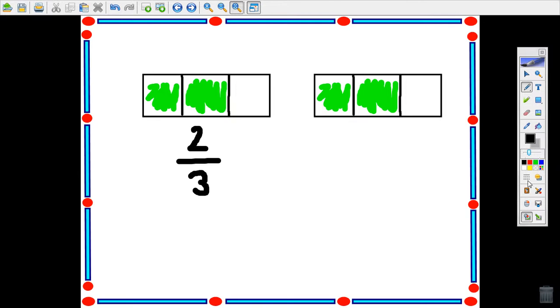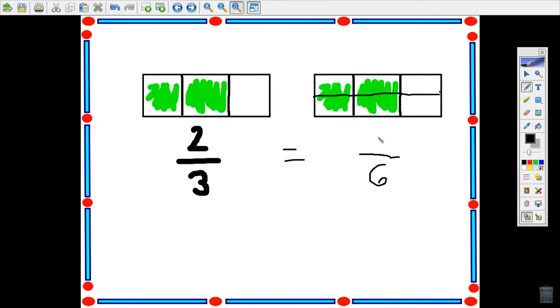How about I cut this going this way? So now, before we had thirds, how many total pieces do we have now? 1, 2, 3, 4, 5, 6. We have sixths.